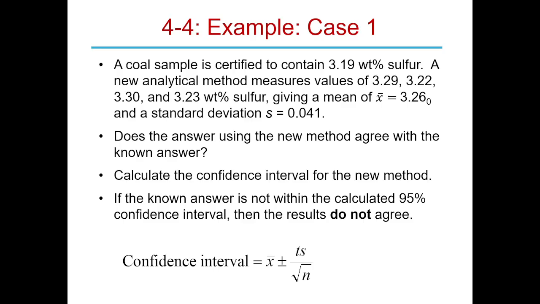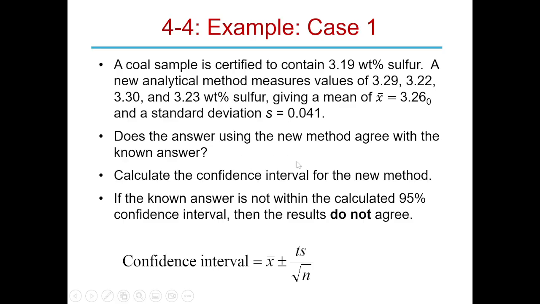We're given a mean by those values of 3.26 and then a subscript zero, so we have that extra digit for calculation, right? And we have a standard deviation given of this right here. You could have calculated those, but it's not worth it. There they are.